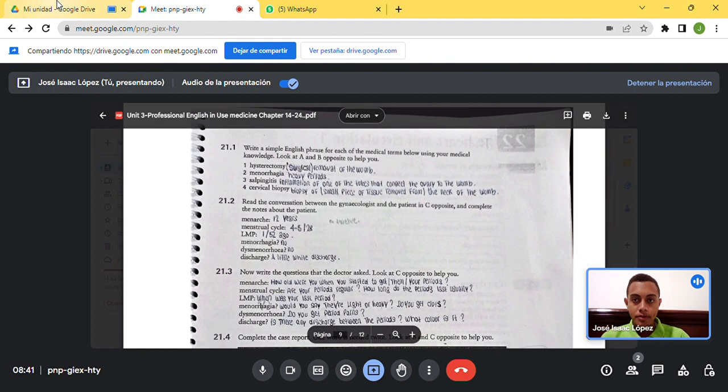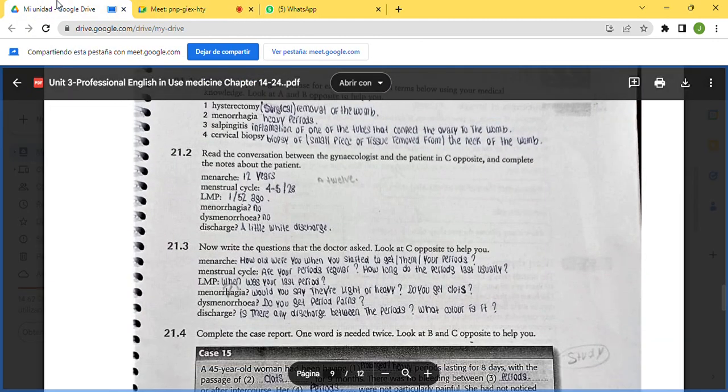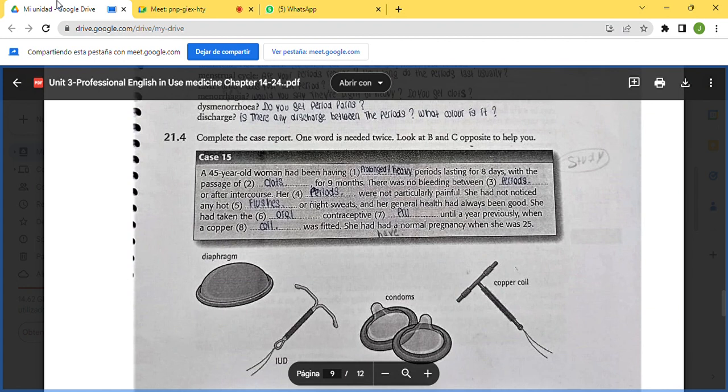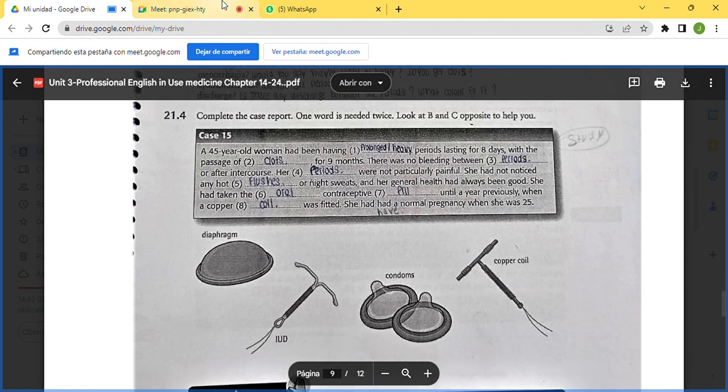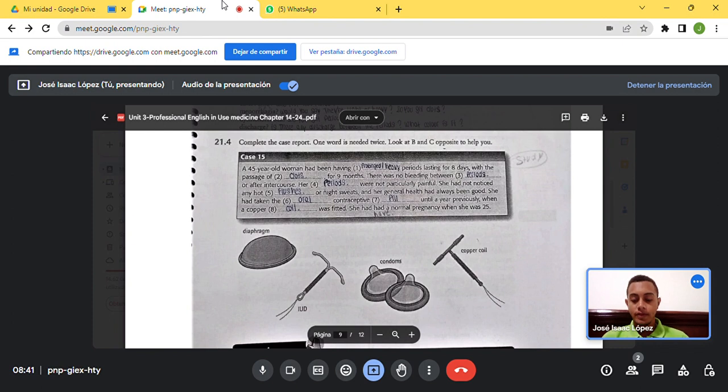Okay, next, complete exercise 21.4. Case 15 says, a 45 years old woman had been having prolonged heavy periods lasting for 8 days with the passage of clots for 9 months. There was no bleeding between periods or after intercourse.